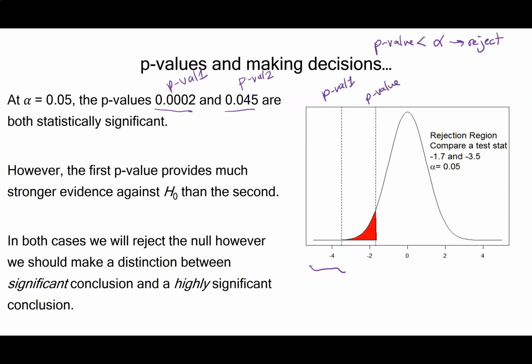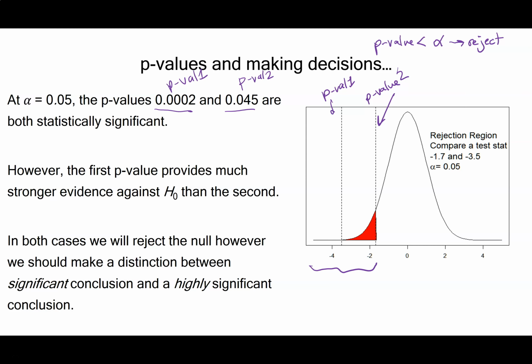The red area here, that's 0.05 or smaller. So if our p-value is in that red area, we're going to reject. If you look at p-value 2, it's right at the edge. If it were just a little bit to the right, we would fail to reject. P-value 1 is way over, so we have much stronger evidence with that first p-value.